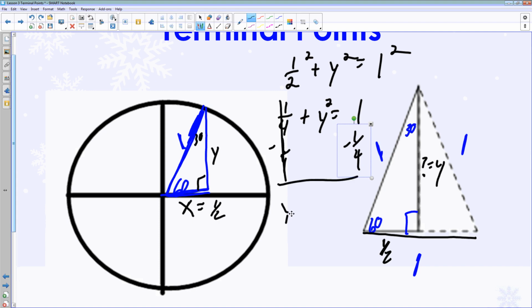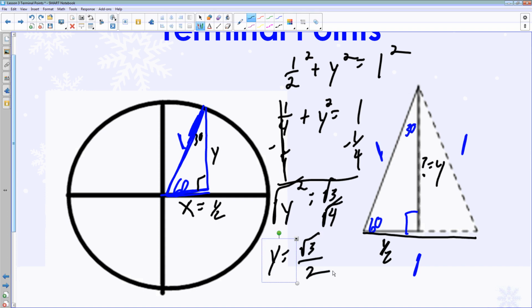Okay, so y squared equals 3/4, right? And then we're going to square root that. But remember, we're square rooting the top and bottom. So we get y equals the square root of 3 over the square root of 4, but the square root of 4 is 2. Okay. So we have our coordinates for our terminal points. So 1/2 comma square root of 3 over 2. And this is going to work for any of our pi over 3s.